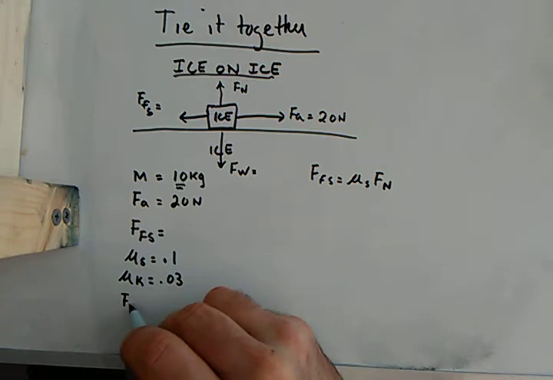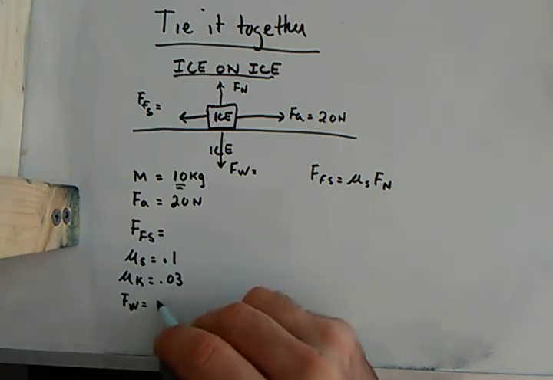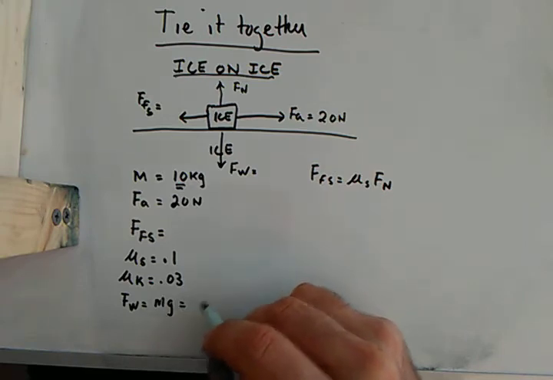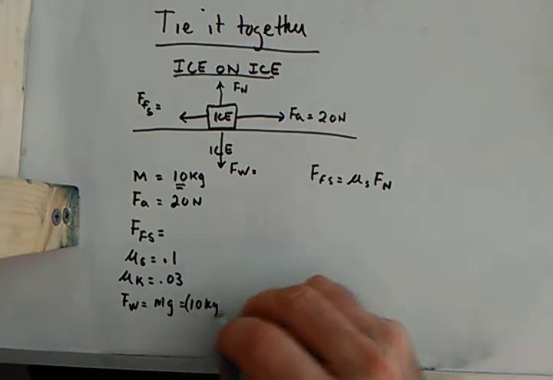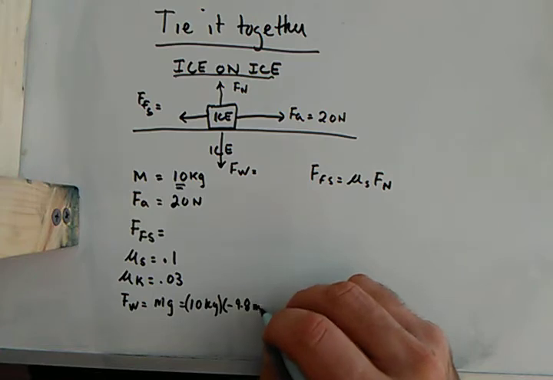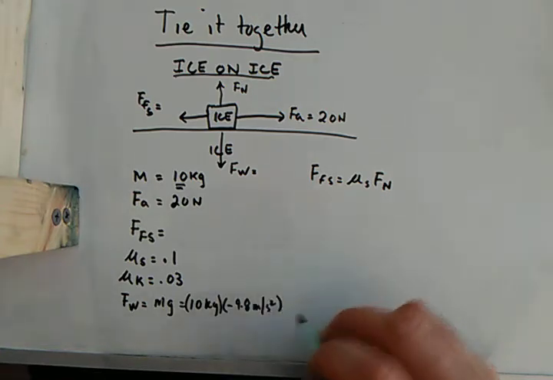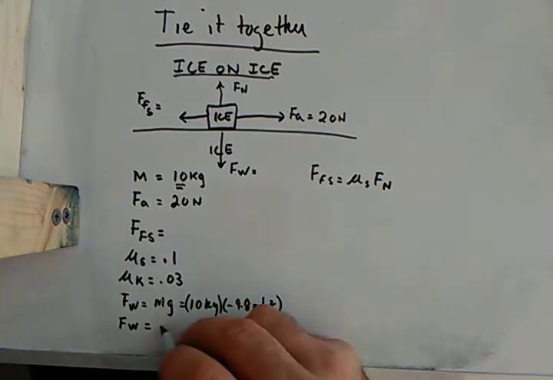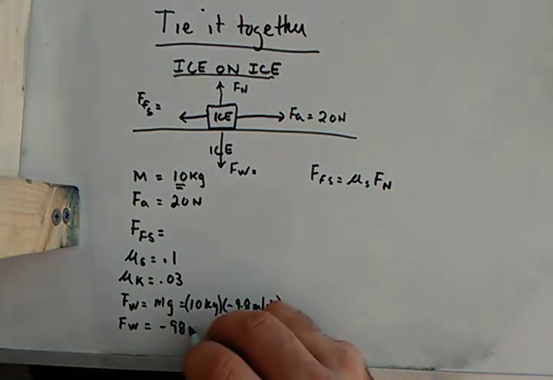So the weight we know is mass times gravity. The mass of the ice is 10 kilograms. Gravity is negative 9.8. So I got the weight as negative 98 newtons.